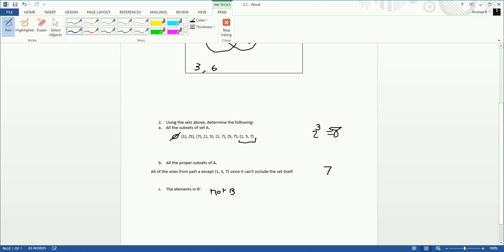So now a lot of times there's some confusion on those complement symbols. So for our complement of B, the ones that were not in B, that were in that universal set, you should end up with 3, 5, and 6 here.